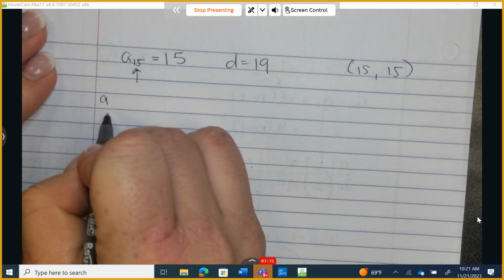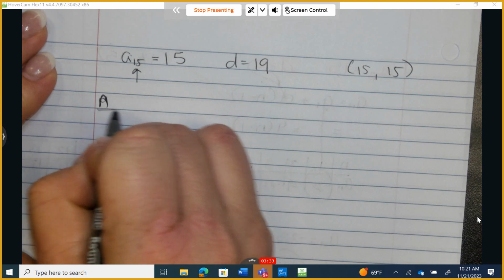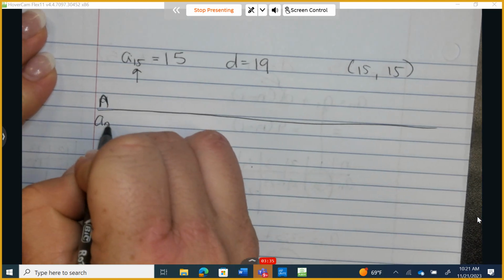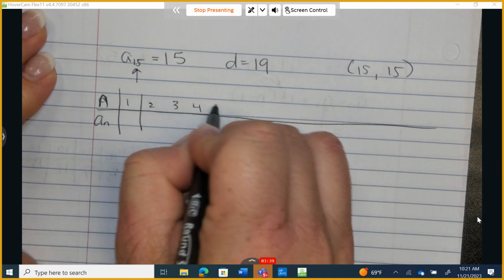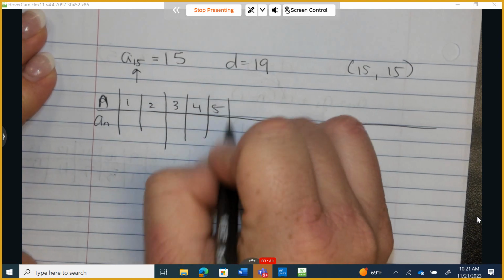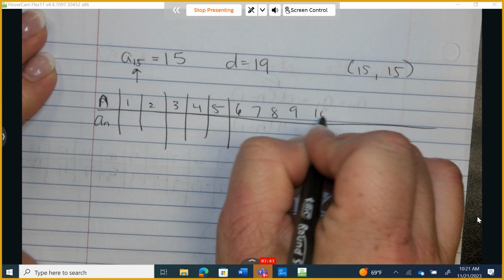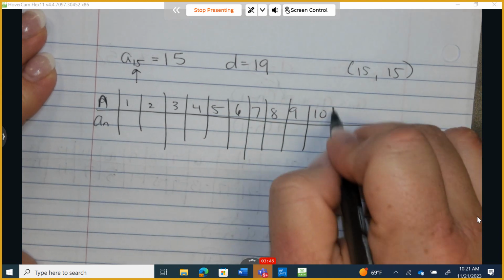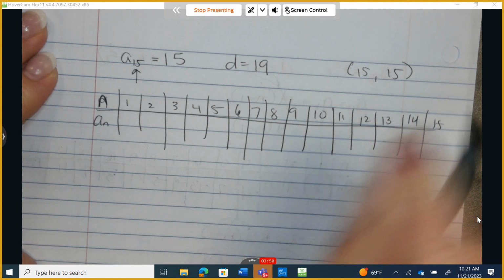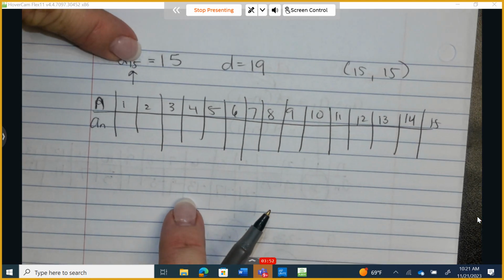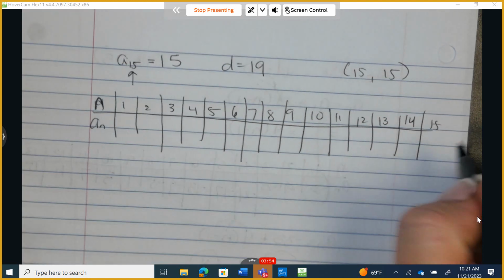So I'm going to write n and a sub n, and I'm going to have 1, 2, 3, 4, 5, 6, 7, 8, 9, 10, 11, 12, 13, 14, and 15. I'm given the 15th number in the list, and the output is 15.